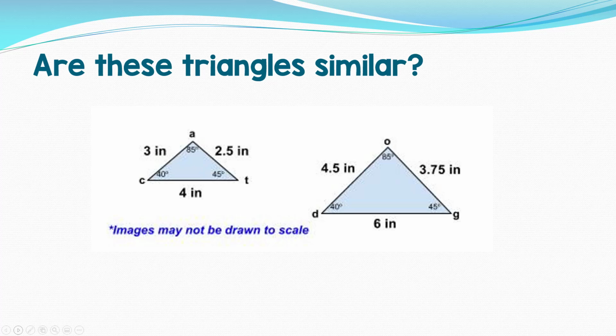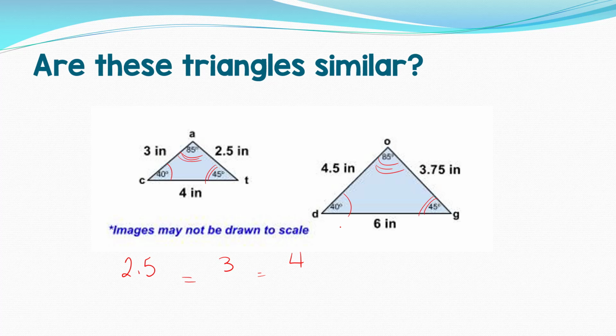All right, let's take a look at these. I'm going to check my angles. I got 40 and 40, 45, 45, 85, 85. And now I need to match up smallest side to largest. So I'm just going to list them out here. 2.5 inches in the small one, 3 inches, 4 inches.